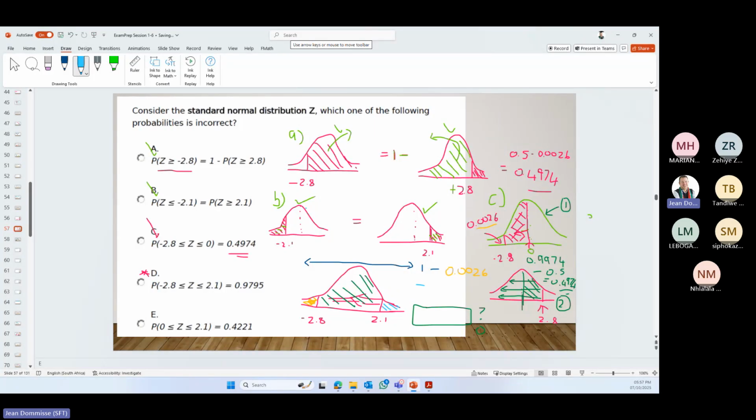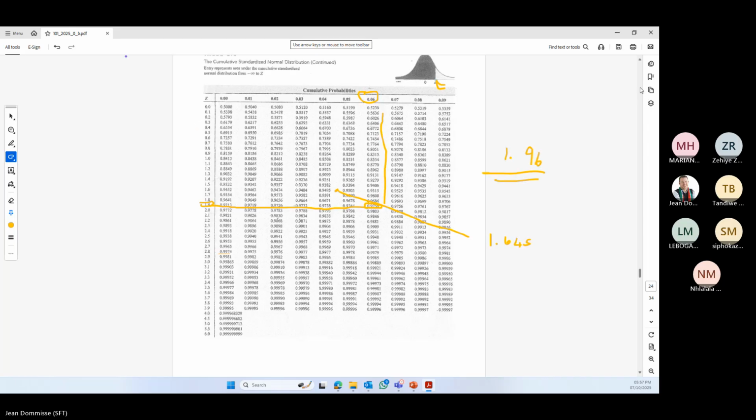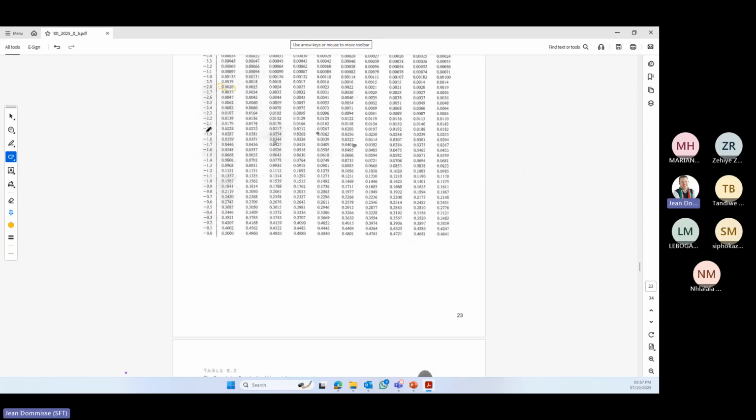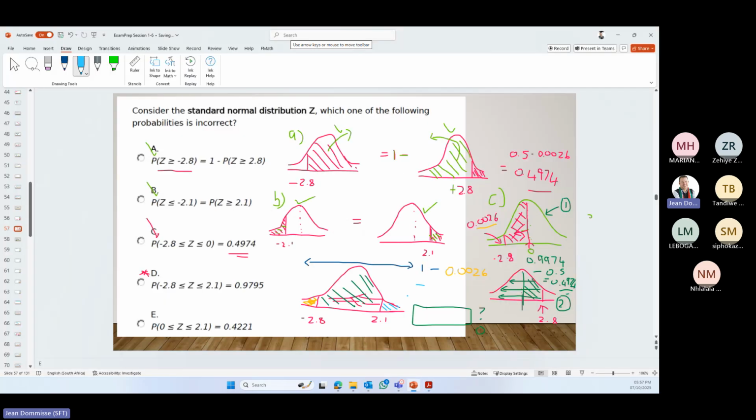We haven't looked at pure numbers for it yet, so let's go to minus 2.1. We see it is 0.0179. So if we subtract that, we will get the answer I'm looking for in green.